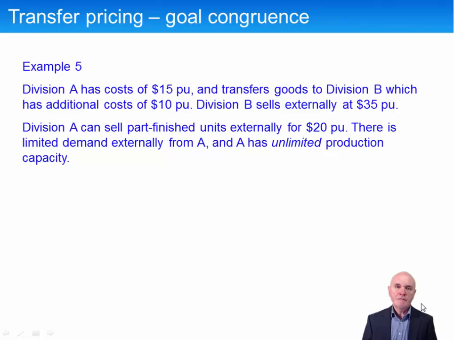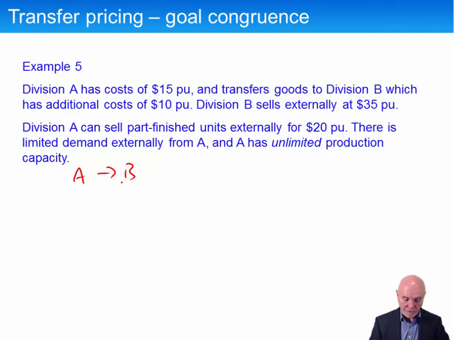Example 5. And now we begin to try to work towards a rule for the permissible range of transfer prices which will actually work. So let's set up this little example, this little structure here. So we've got A and B. We're going to have the transfer in cost.